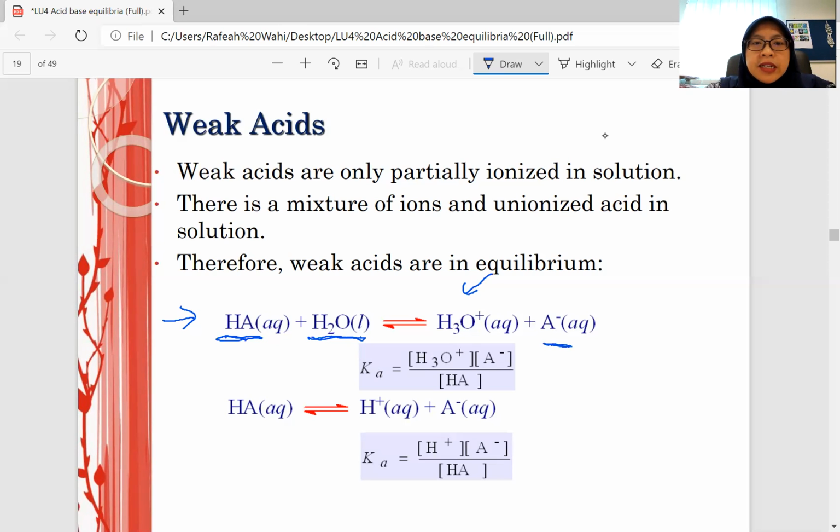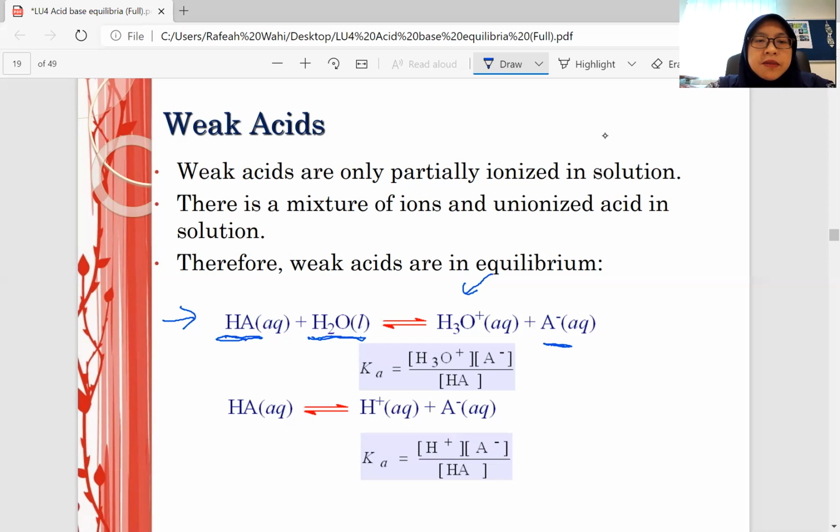As we know, all acids have a conjugate base as a product of dissociation, whether it is a weak acid or a strong acid. The same goes with base. All bases have a conjugate acid as the dissociation product, whether it is a strong base or a weak base.